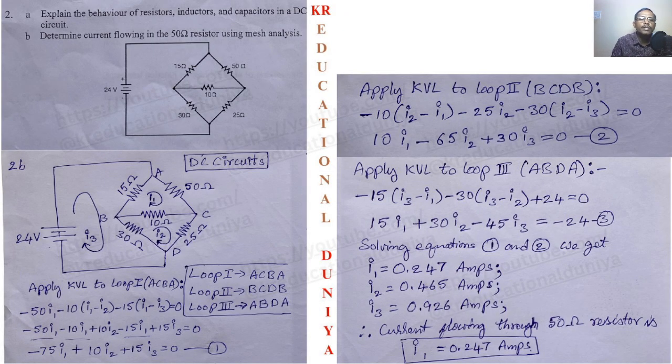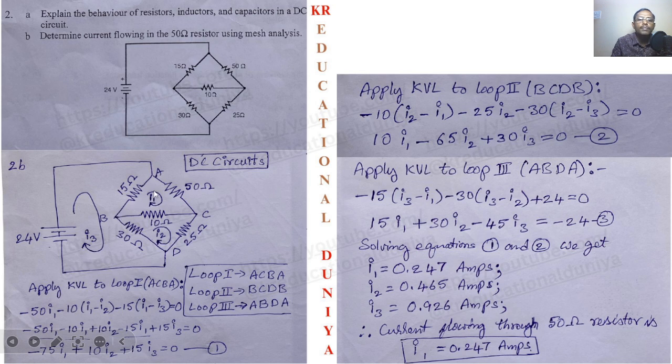So for the first loop, we are applying KVL for loop 1, that is A, C, B, A. Wherever you start, that is where you should end. For loop 1, A, C, B, A, I am writing the loop equation.